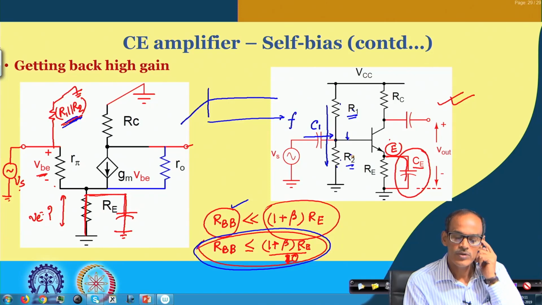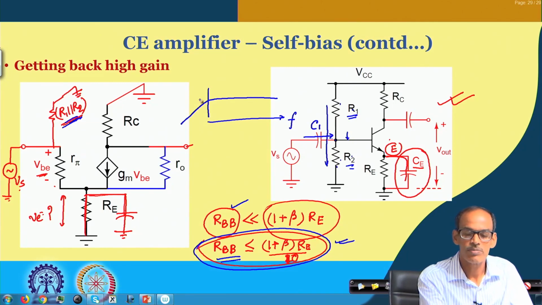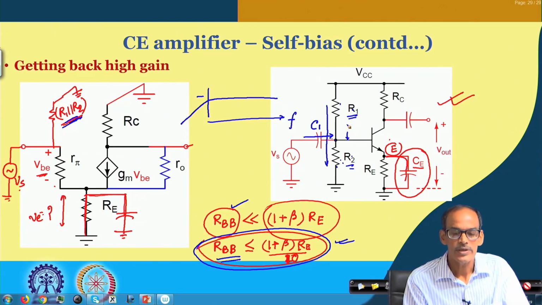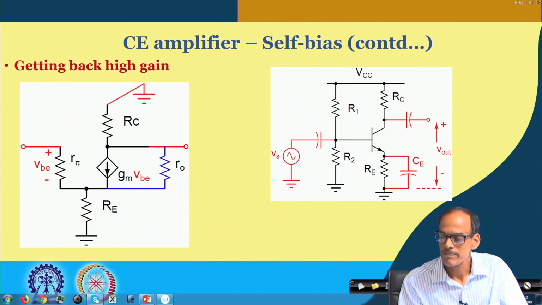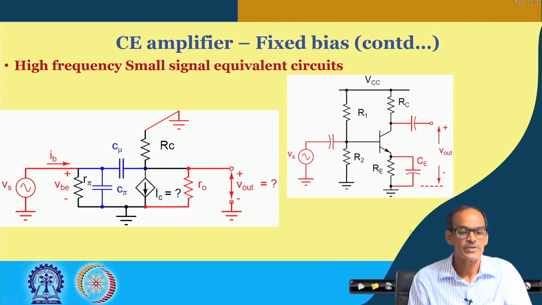So, while picking RBB, we need to satisfy this condition to make sure that the circuit remains insensitive to beta variation, but at the same time, to keep the lower cutoff frequency low, the value of R1 parallel R2 should not be very small. But whatever it is, once we follow all these guidelines, the small signal equivalent circuit is given there, which is essentially very similar to whatever we have seen for the fixed bias circuit.